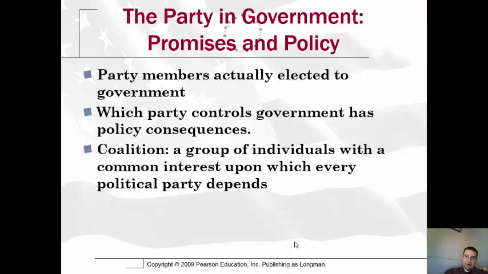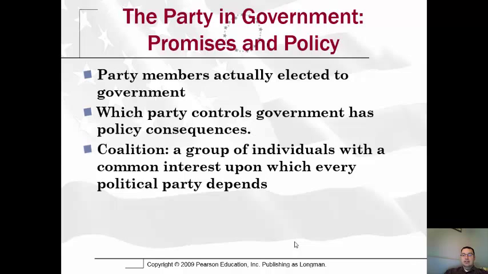And so these are party members actually elected. Which party controls which part of the government obviously has a huge impact on policy. So we've seen that as the Republicans have taken over Congress. There are big policy implications there. If the Democrats were still in control of Congress, we don't know if we'd have any of this fast track trade treaty that would keep going, right?